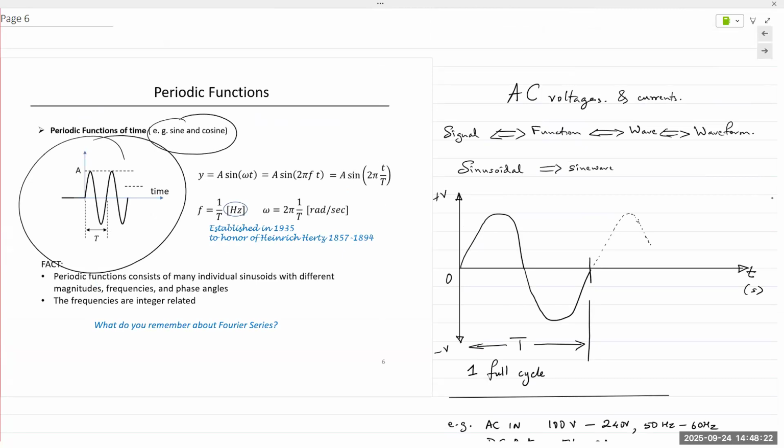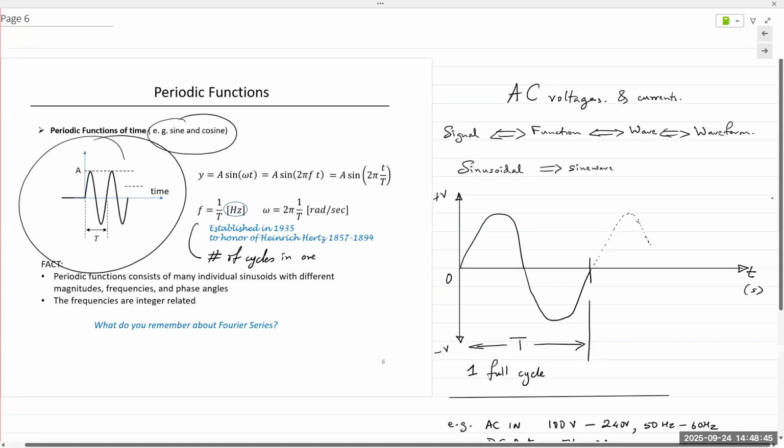And the number of cycles in 1 second is defined as the frequency of the waveform.